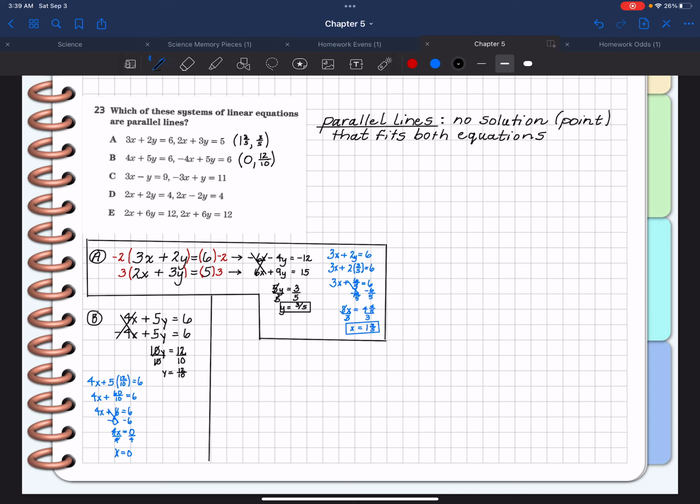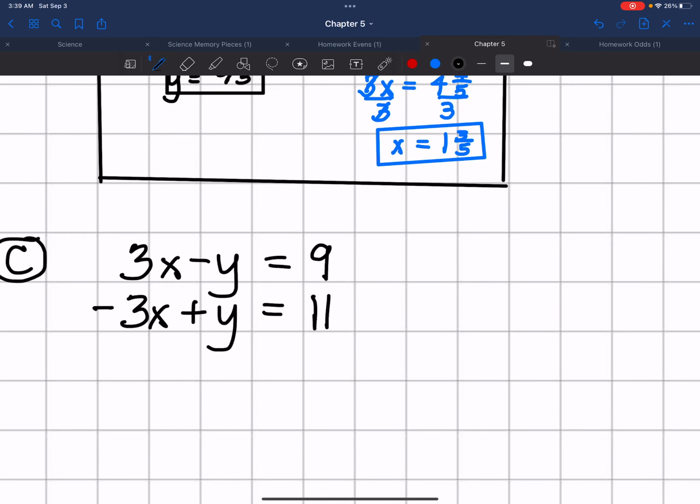Okay, here comes C. We have 3x minus y is 9. Minus 3x plus y is 11. Oh, I have a good feeling about this one because the x's cancel and the y's cancel. So you have nothing on this side.